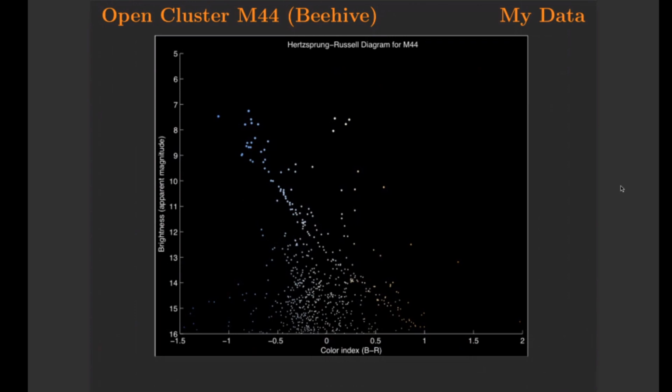Now, if they were all the same distance away, the apparent magnitude would not be exactly the same as the absolute magnitude, but they'd all be off by the same constant. You would just shift the picture appropriately depending on how far away it is. If all those stars were 10 parsecs away, then the apparent magnitude and the absolute magnitude would be the same.